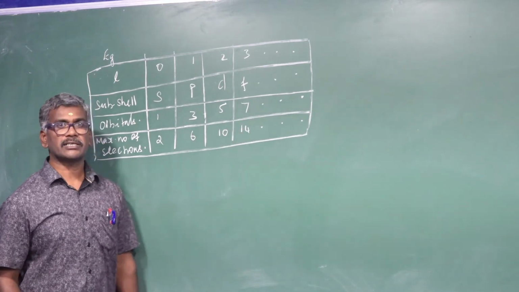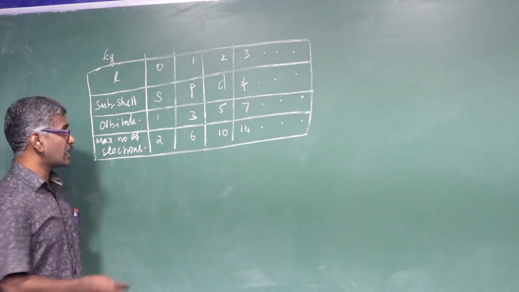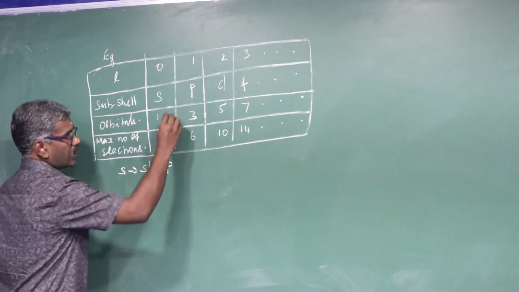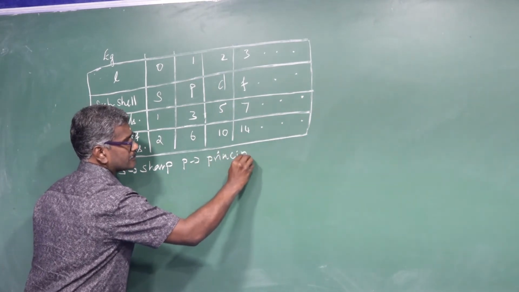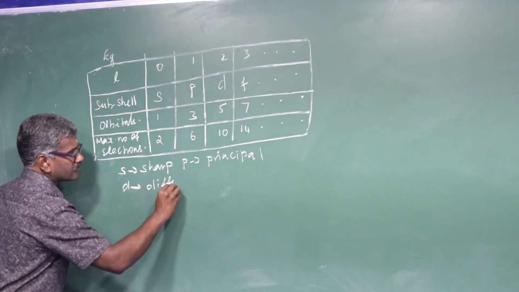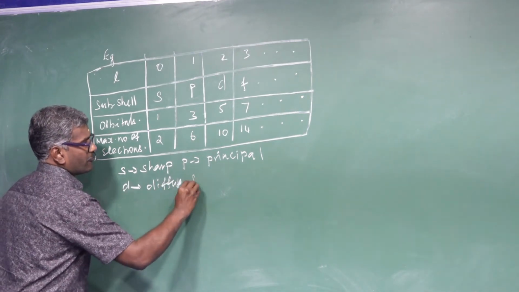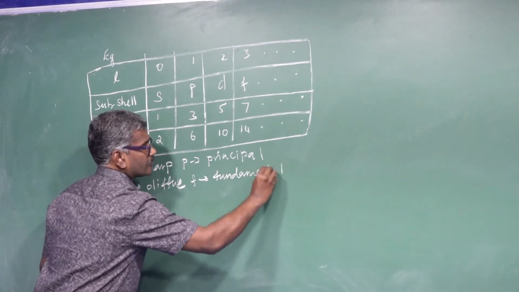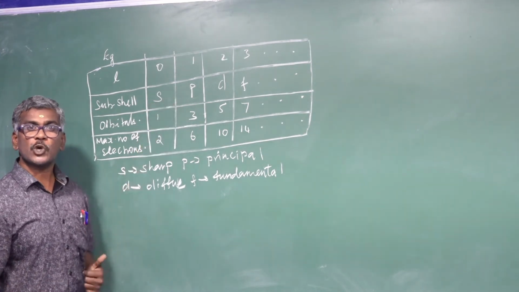14 electrons. These subcells can be explained by the spectroscopic terms. Here, s for sharp, p for principal, d for diffuse, f for fundamental, etc. That is, the subcells can be explained by the spectroscopic terms.